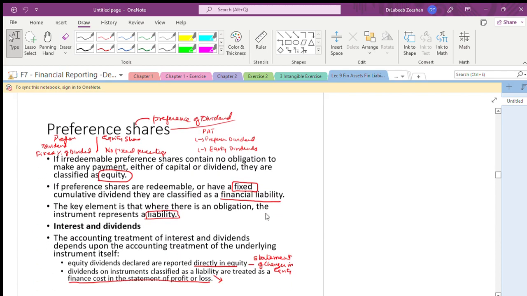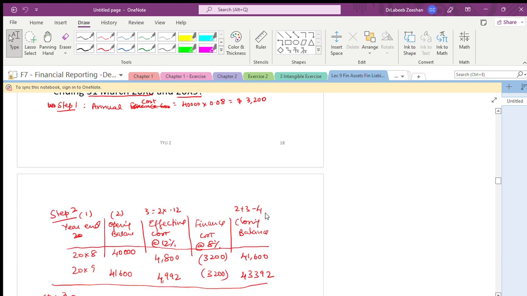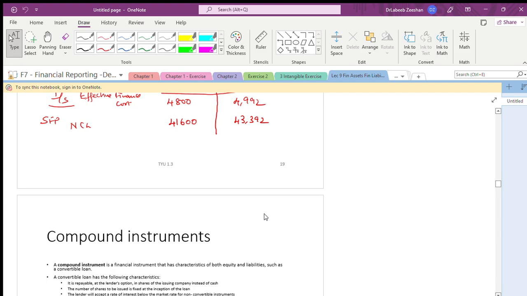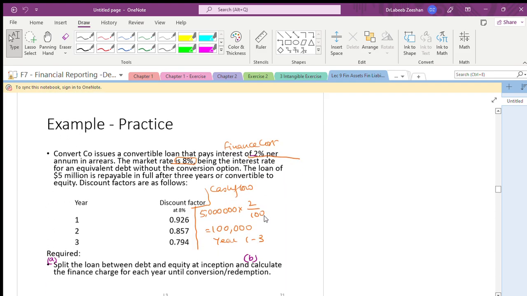What about preference shares? Preference shares are the same thing. We have done preference shares with respect to presentation, non-current liabilities. Compound instruments are nothing but convertible into equity.